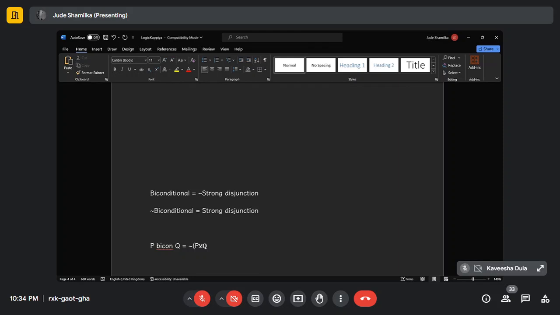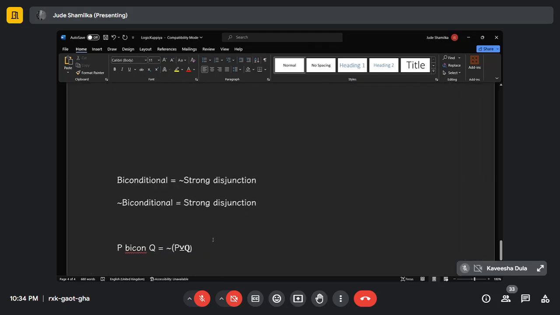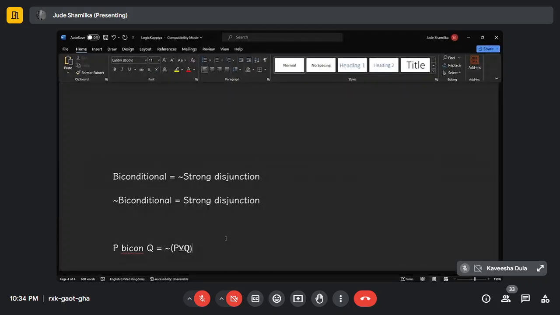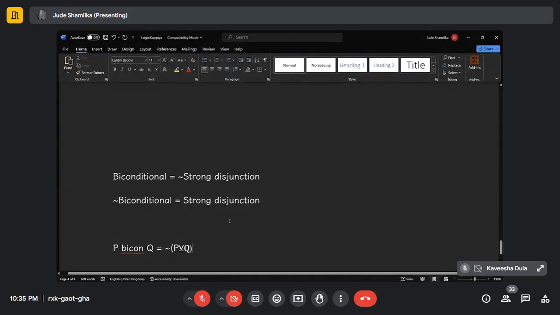Otherwise, there's an ambiguity. Why do I say so? Because of the precedence, if we don't put brackets here, it gives the idea that it is the not P, not the negation of the whole statement. So you have to be careful in having brackets. And that is it.